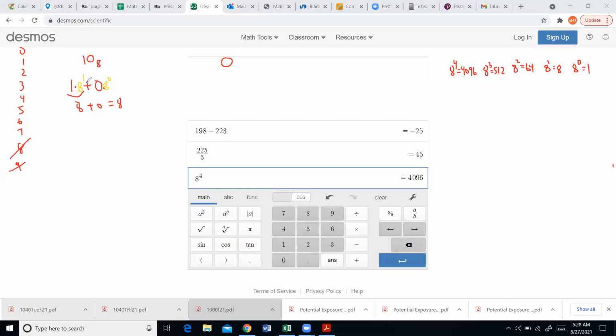And that's it. Let me try another number. Let's try to get something like 1, 2, 3. Please notice that allowed digits now all go through 7. So I'll be multiplying these 3 digits by powers of 8.